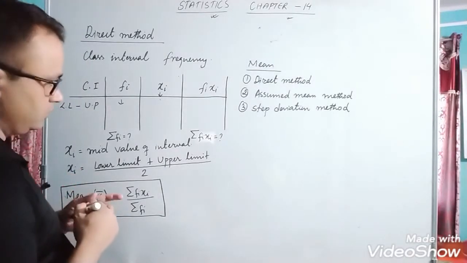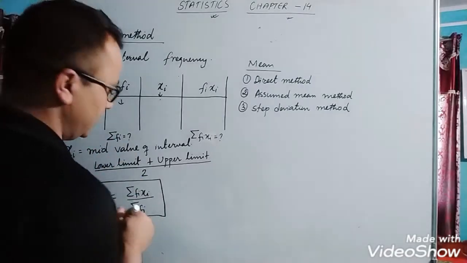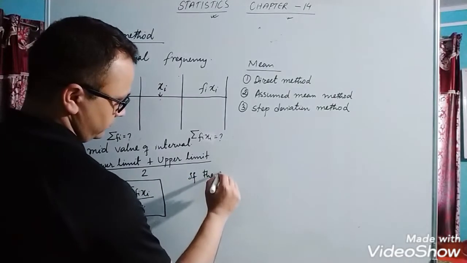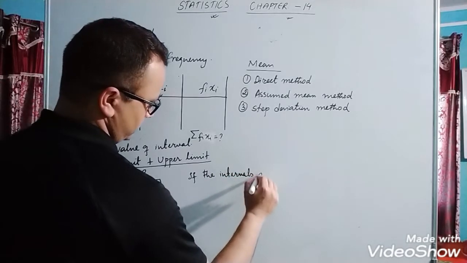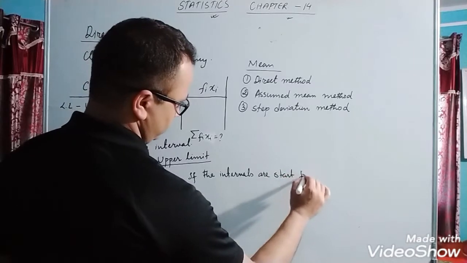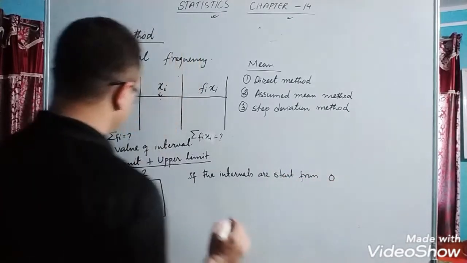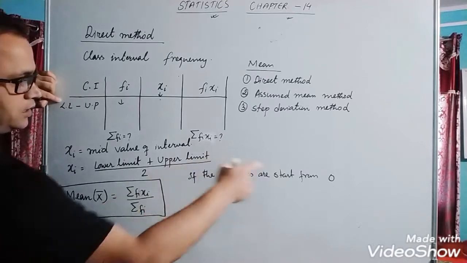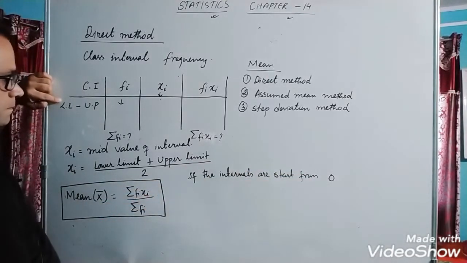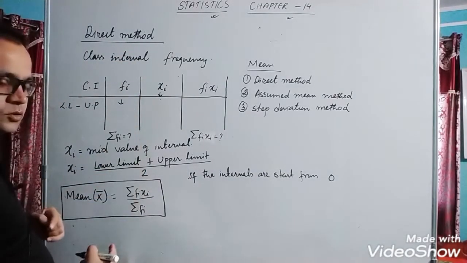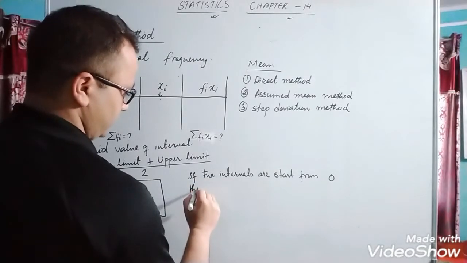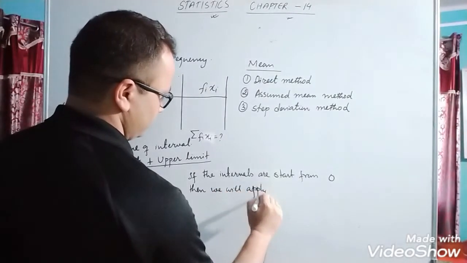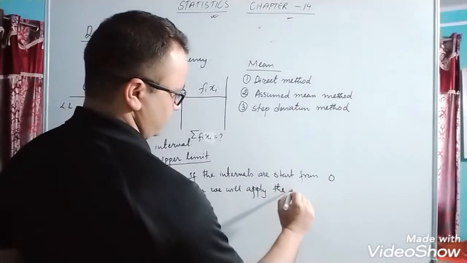Now when we apply the direct method, if the intervals start from 0, that means in the starting interval the lower limit is 0, then we will apply the direct method formula to calculate mean.